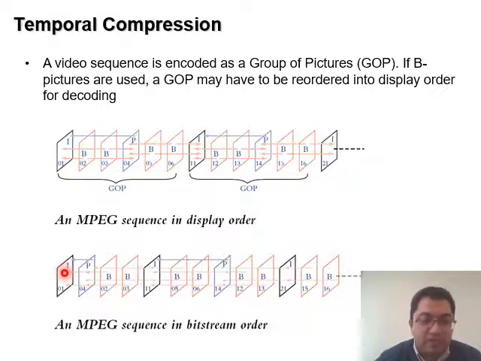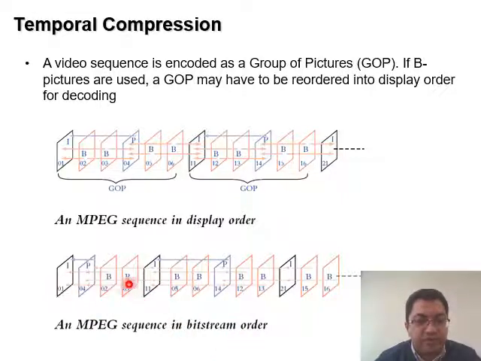Frame 1 is received, it will be displayed. This one will not be displayed. Okay, this one will be displayed right after frame number 1, because now we have this, and then this one will be displayed, and then this frame which we received earlier will be displayed as the 4th one. So the display order would be this, but this is the sequence in bit stream order.